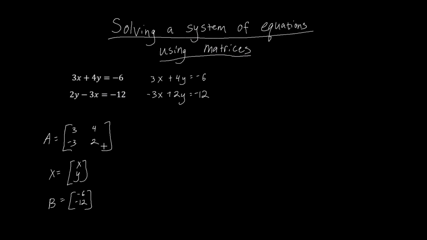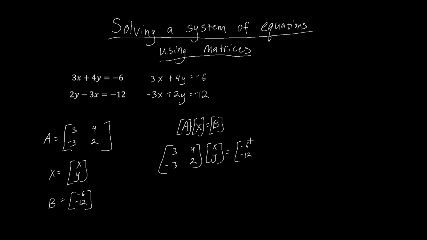The reason we break it up like this is because if we write it as A times X equals B, where all of these are matrices, you'll see that this actually creates those equations. As a quick exercise, I'm going to multiply [3, 4; negative 3, 2] times X and Y equals negative 6, negative 12.